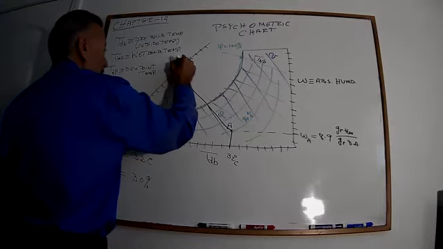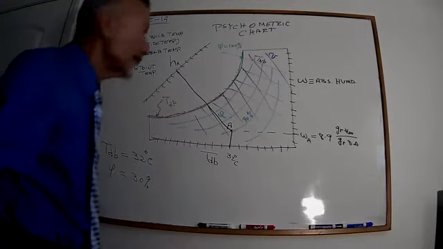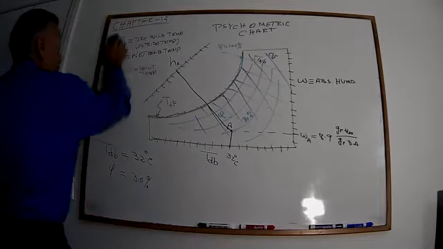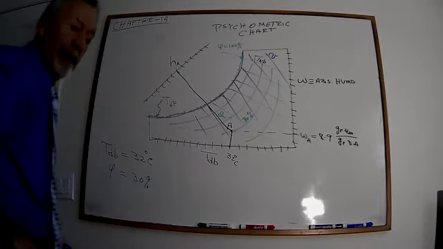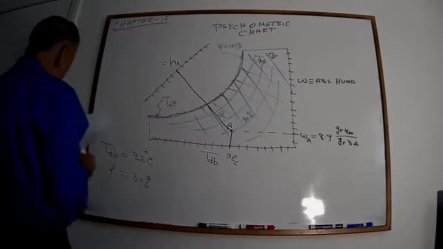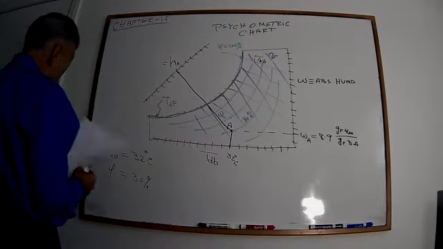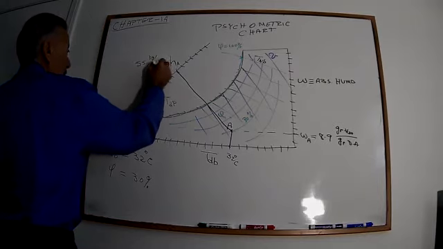Here, I will find the value of H of A. And in this case, the enthalpy becomes 55 kilojoules per kilogram.